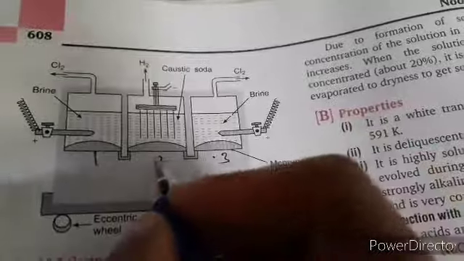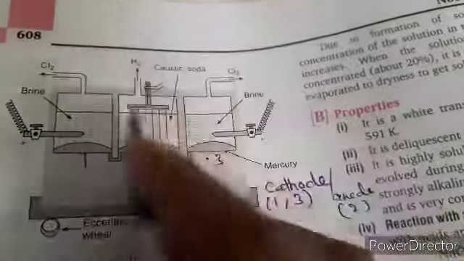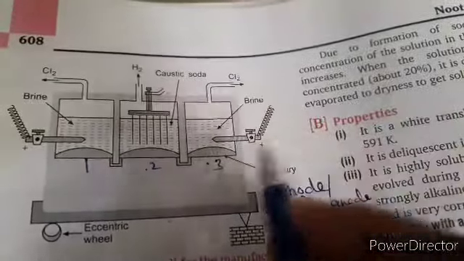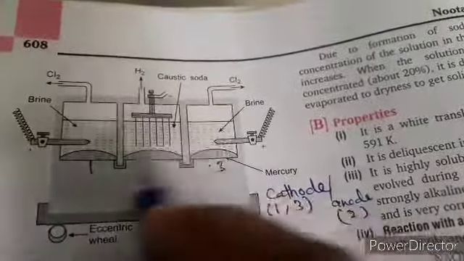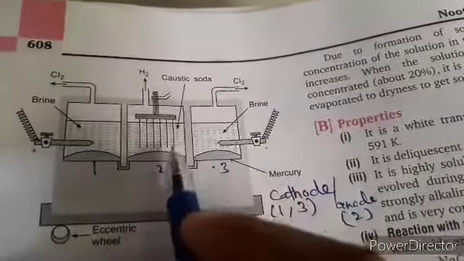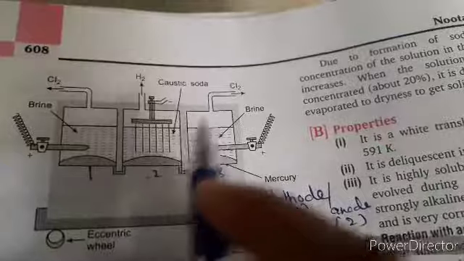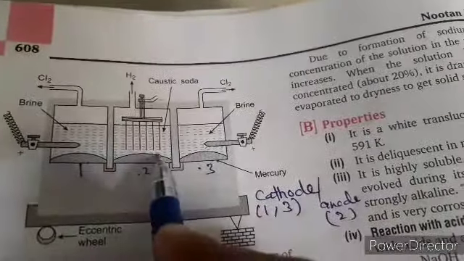On both the sides the Cl2 gas is liberated out, so it doesn't matter. These 2 compartments are filled with the aqueous solution of NaCl, and the middle compartment is filled with caustic soda, meaning the NaOH that will be formed will be generated in the second compartment.